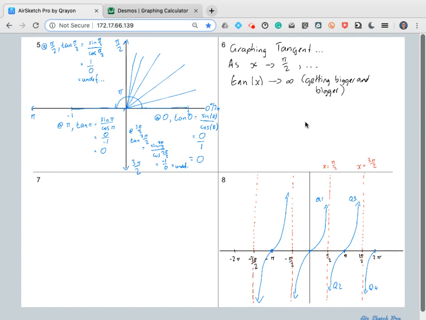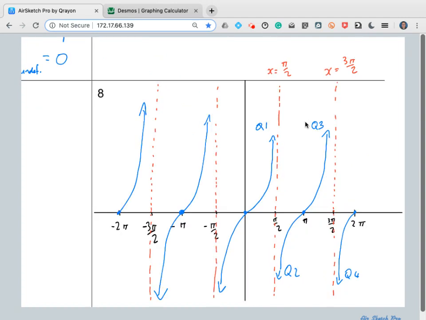And then lastly, we would have from negative 2 pi to negative 3 pi on 2, this happening again here. So you can see that we have a graph. I'm just going to zoom up on that graph now. We have a repeating kind of picture there.